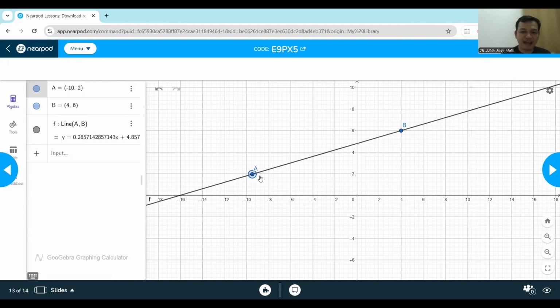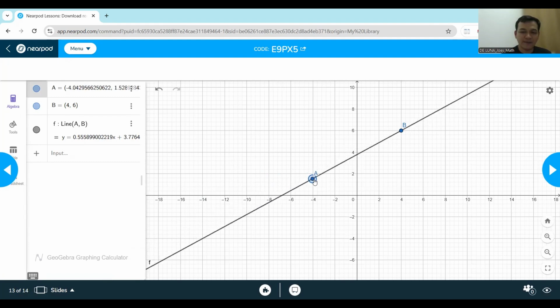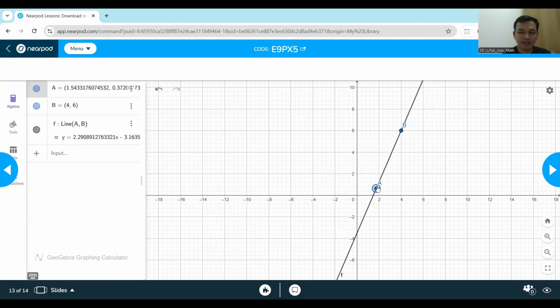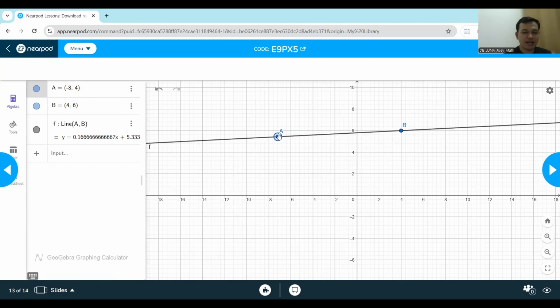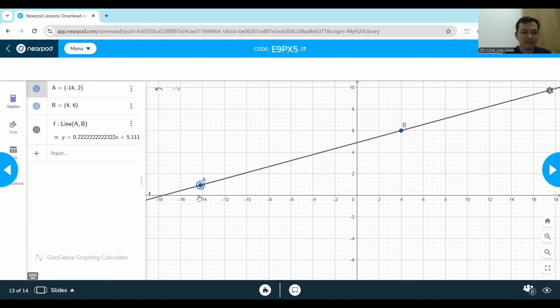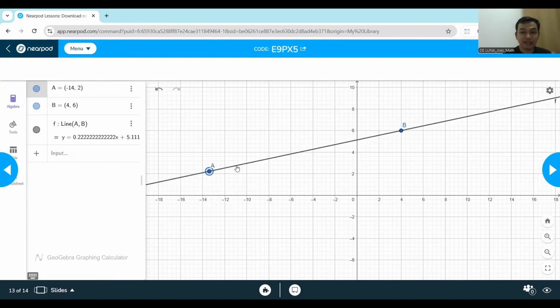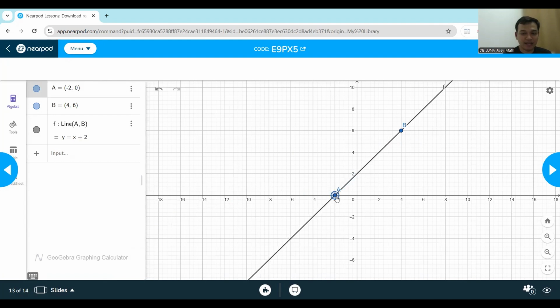You can also identify how the slope changes as you move one of the two points A and B. As you can see, if you move point A to this point, the slope is 2, the y-intercept is -2. But if you move it over here or here, that's how we illustrate the equation of a line through graphing.